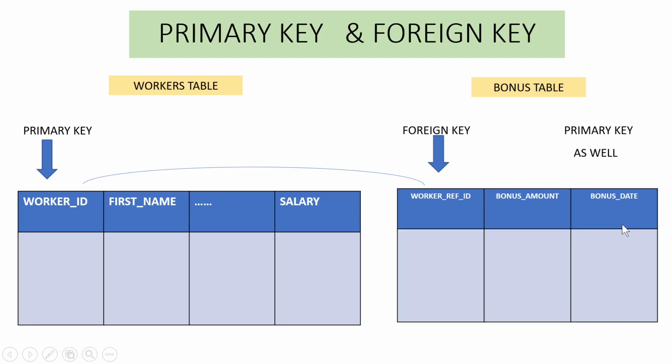In simple words, we can distribute bonus only to employees who are registered in the workers table. The basic eligibility for a person to get a bonus is that he should be an employee of this organization.